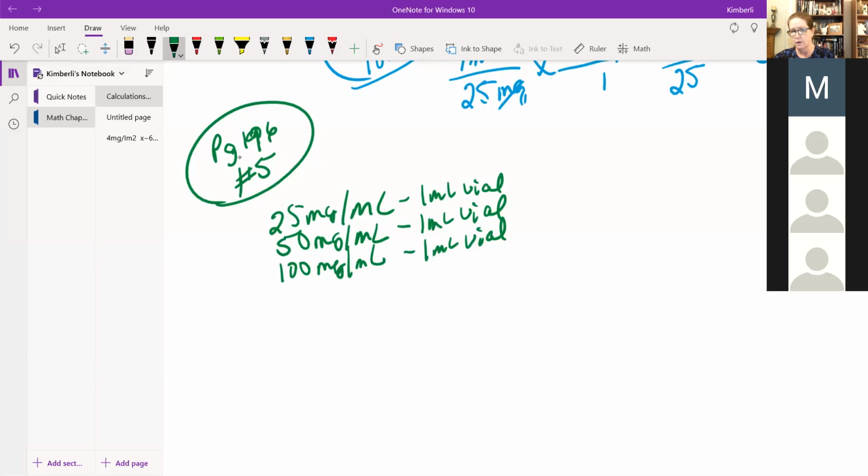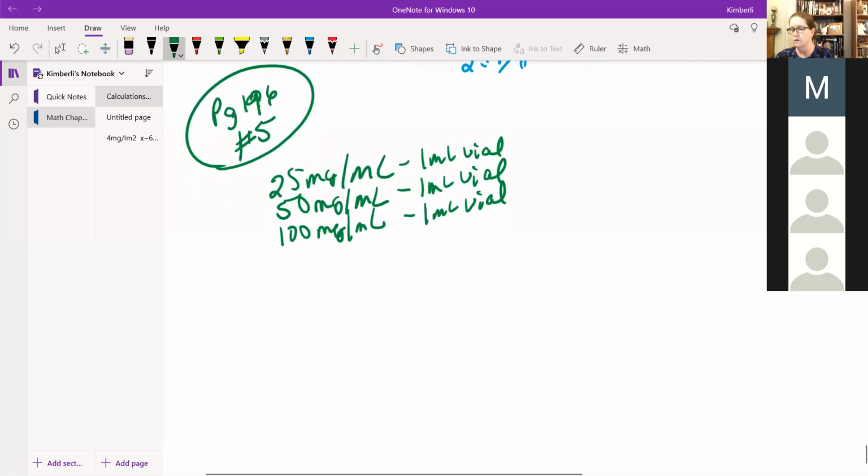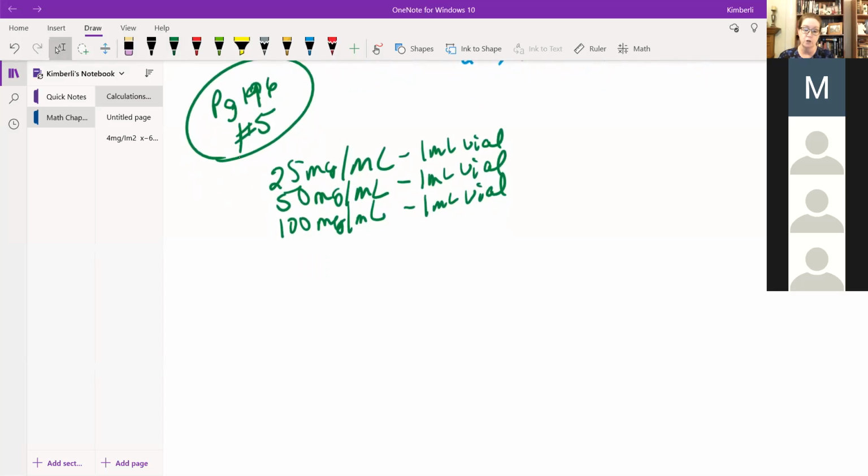So remember, if you inject a large volume into a muscle, it really hurts. Which strength would you want to use for 75 milligrams? Probably the 25 mg? Okay, so 75 milligrams.